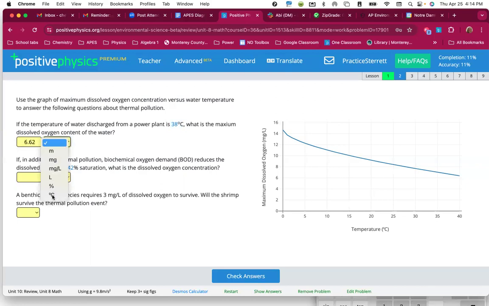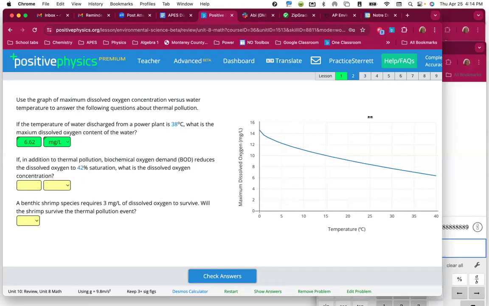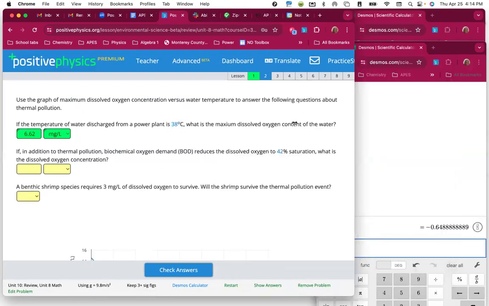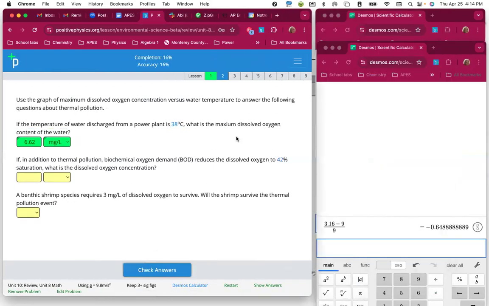I enter the units, milligrams per liter, and then check my answers. And then this next question is going to be a calculation, and this is a percent question. So sometimes these come up on the AP tests too. Instead of a percent change, using a percent to figure out the amount of the total.